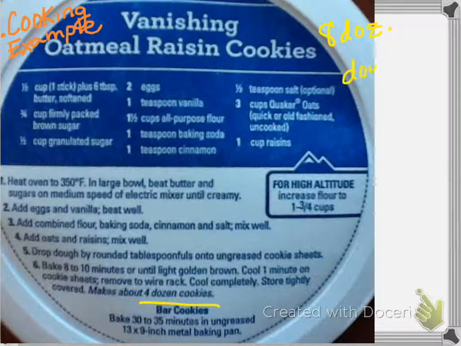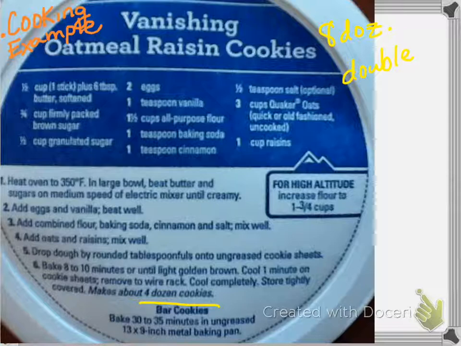To double the recipe, you're going to take all of the ingredients listed here and use twice as much. Okay? That's stoichiometry. That's the idea of what we're going to be doing with these balanced chemical equations. We're going to be figuring out, if we start with a certain amount of reactant, how much product are we going to produce?